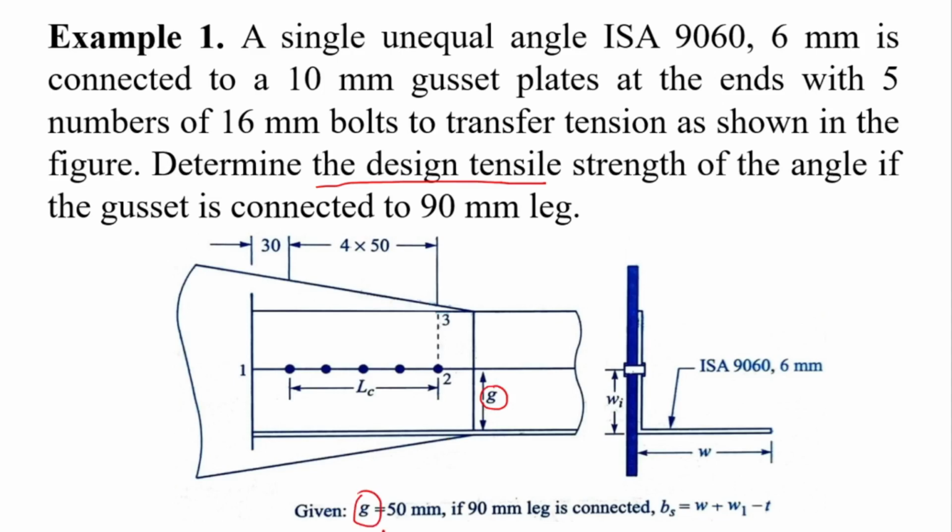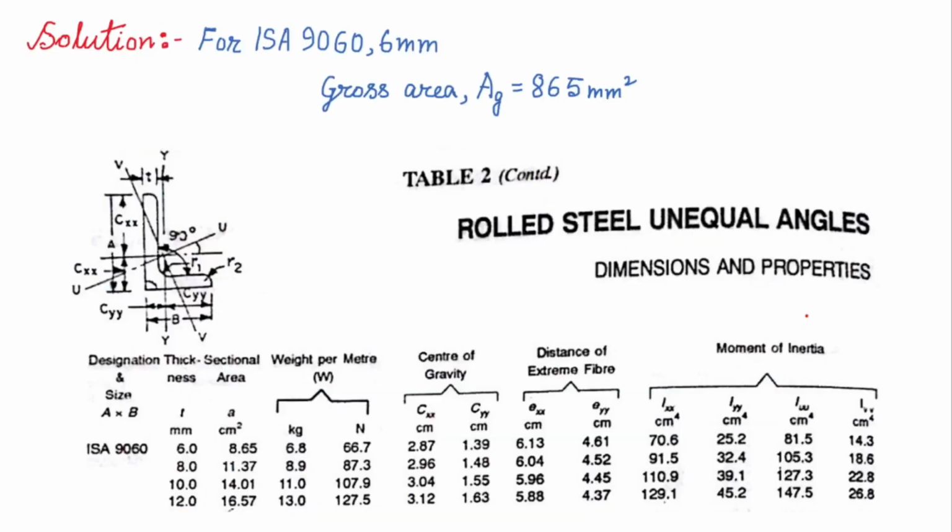So what is the Z? It is the distance of the center of the bolt from the bottom. So it is 50 mm which is given in the question, and this is the WI. See, this WI and Z are the same, so WI is 50 mm in this case.